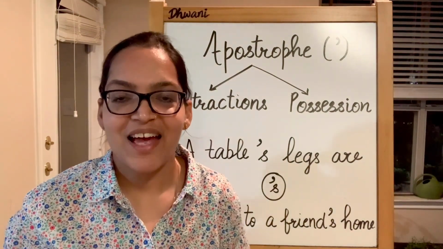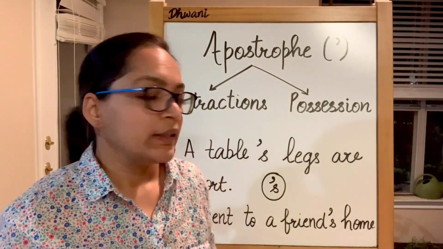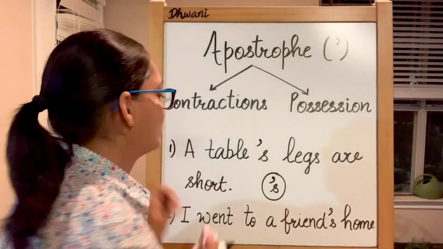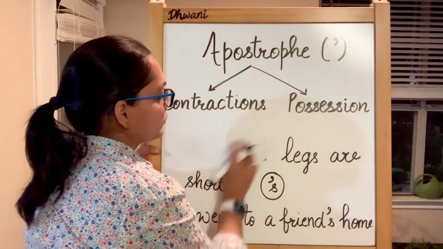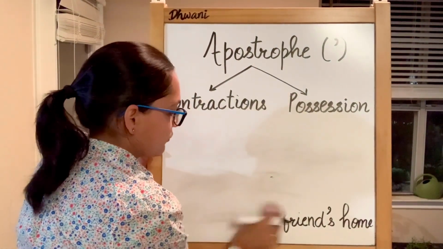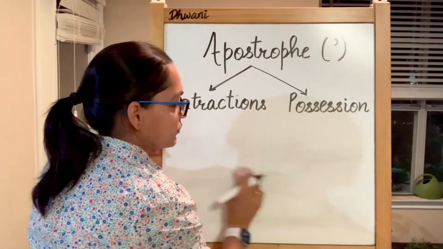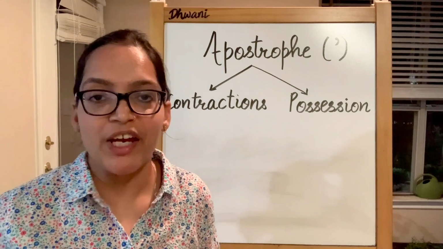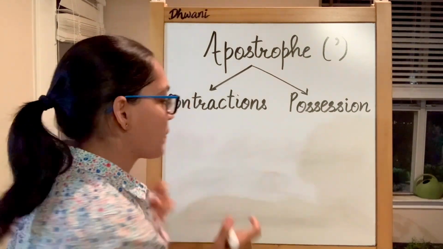Now let's understand the usage of apostrophe in possession in case of plural nouns. Let's take the same examples and change our noun to plural nouns.